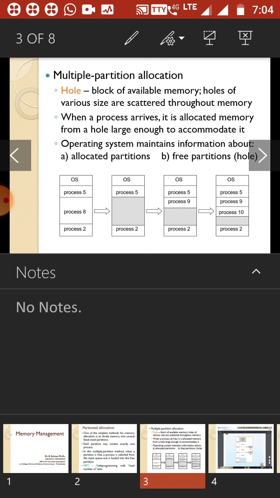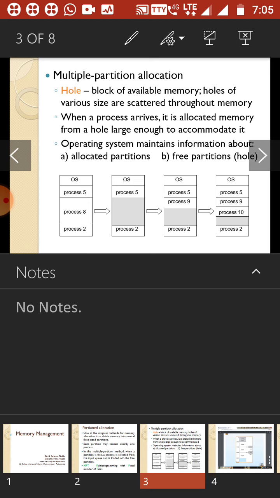The total user memory area is 20 KB. Here one 8 KB partition is created and another 5 KB partition is created. So totally 13 KB is used, and the remaining is 7 KB. In this 7 KB, two 3 KB partitions may be created.